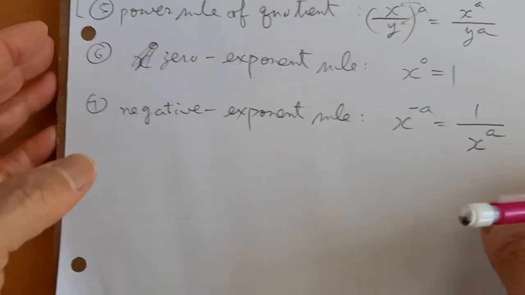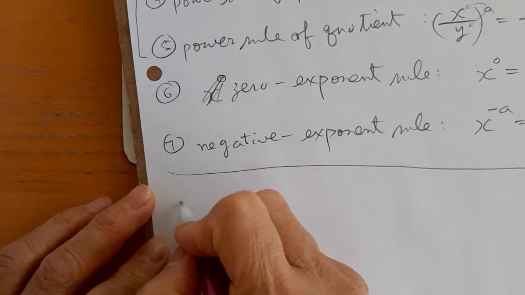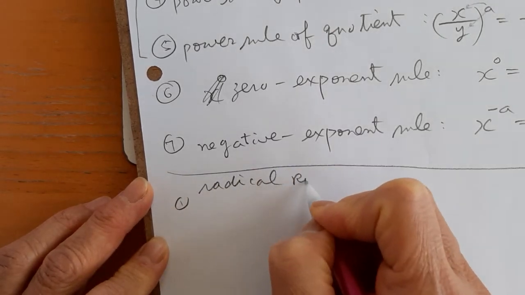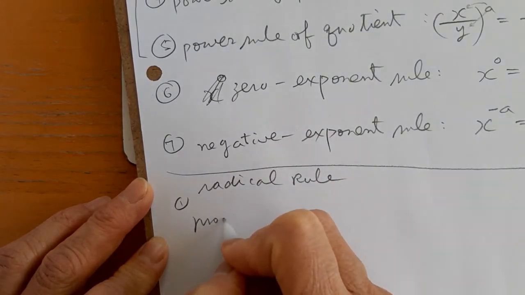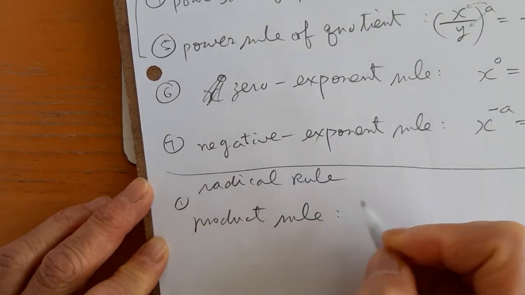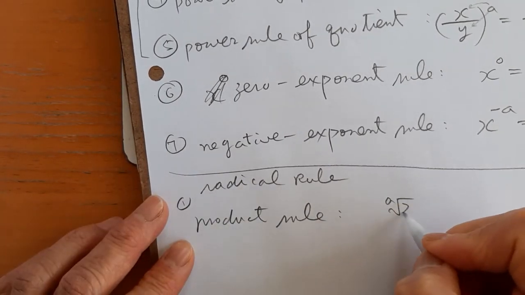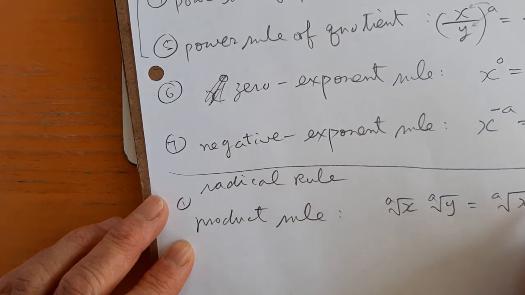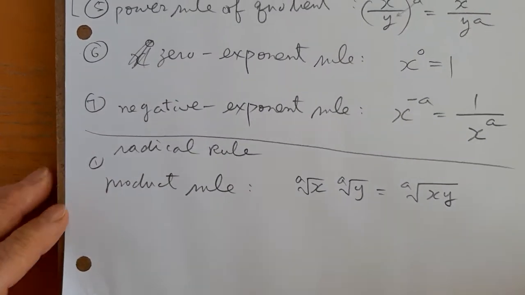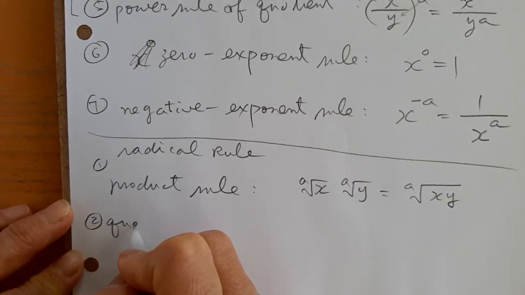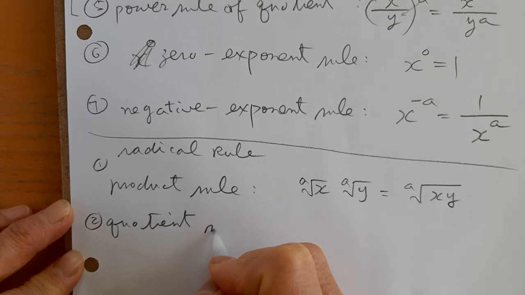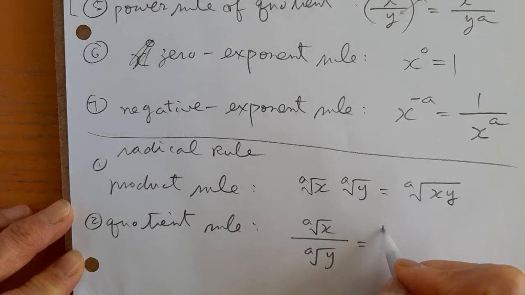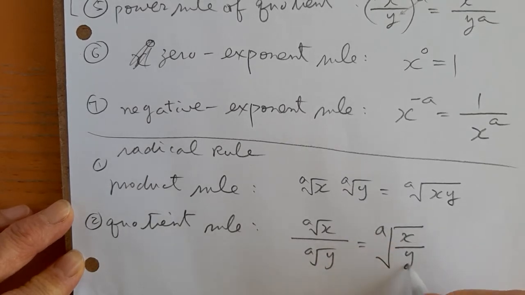And for radicals, there is also a product rule. The radical product rule is the nth root of x times the nth root of y equals the nth root of x times y. The second one is the quotient rule: the nth root of x divided by the nth root of y equals the nth root of x over y.